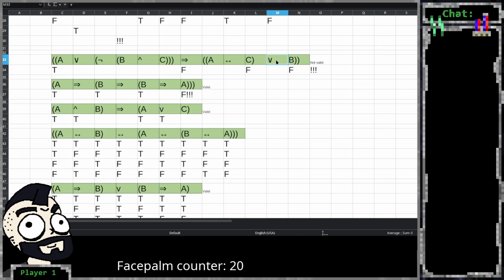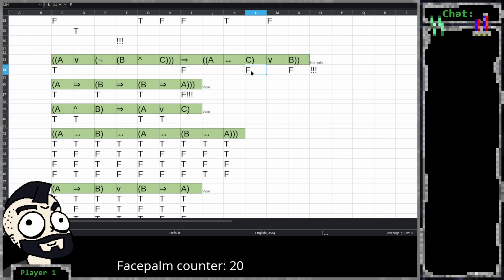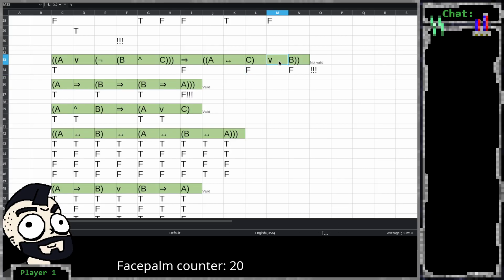And because this is a disjunction, I have to make both sides false. Well, in order to make both sides false, I have to make B false. And I already assigned true to A, so this has to be true. And so this is false. False or false, false. Look!